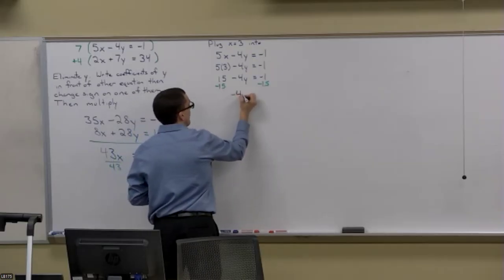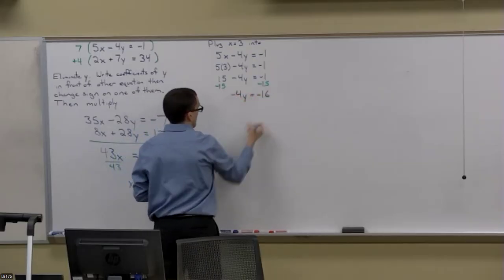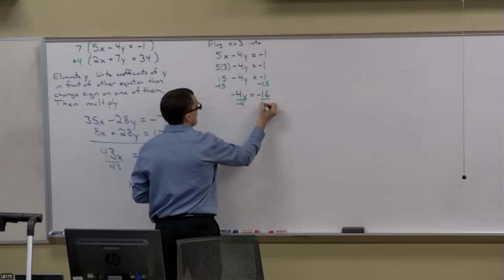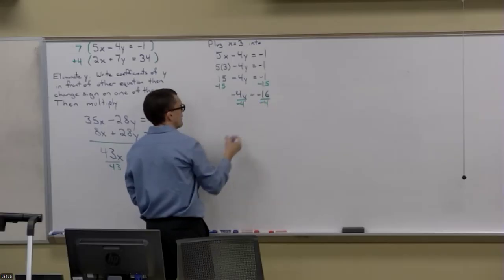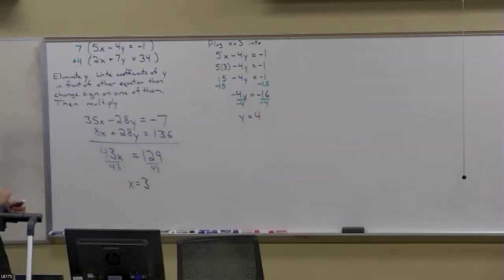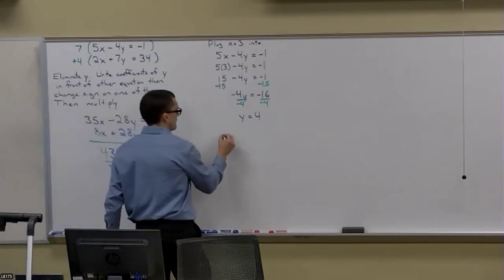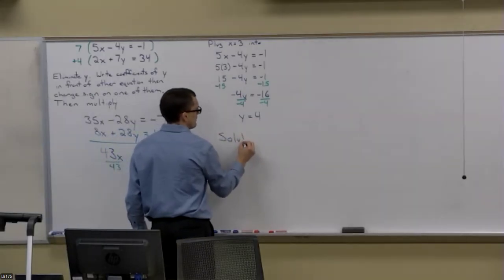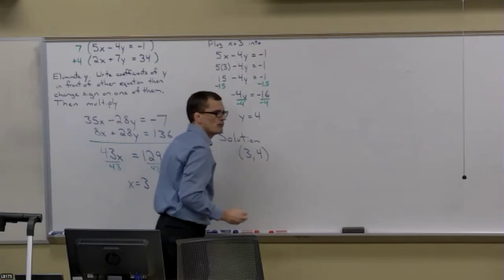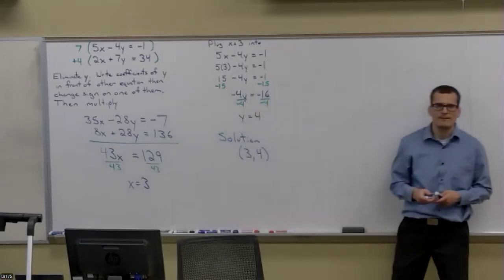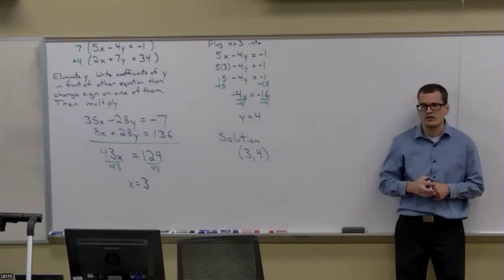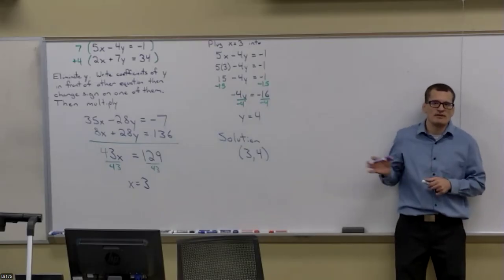We get negative 4y is equal to negative 16. Divide by negative 4. And you get y is equal to 4. So now I have the solution. The solution is the point 3, 4. Right. That's our elimination method.